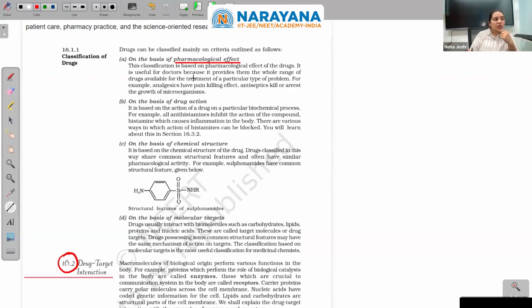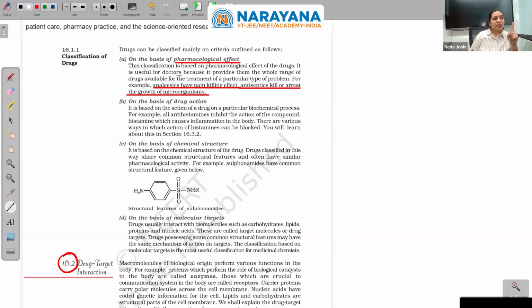It is useful for doctors because it provides them the whole range of drugs available for the treatment of a particular type of problem. For example, analgesics have a pain killing effect, and antiseptics kill or arrest the growth of microorganisms.